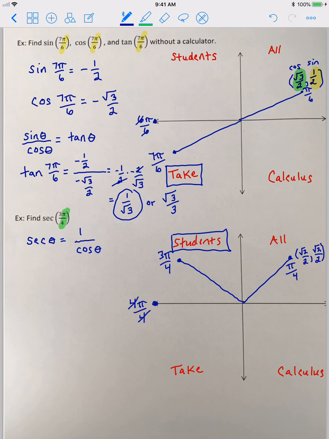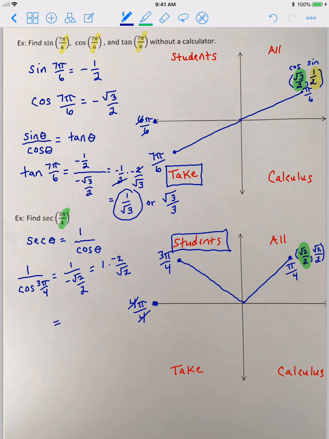So to do secant of 3 pi over 4, I need 1 over the cosine of 3 pi over 4, which is going to be a negative number. So I'm using the reference angle. The first thing is always the cosine, and I know it needs to be negative. So it's going to be 1 over negative root 2 over 2, which means that it's going to be 1 times the reciprocal, 2 over root 2, with a negative sign tagged on.